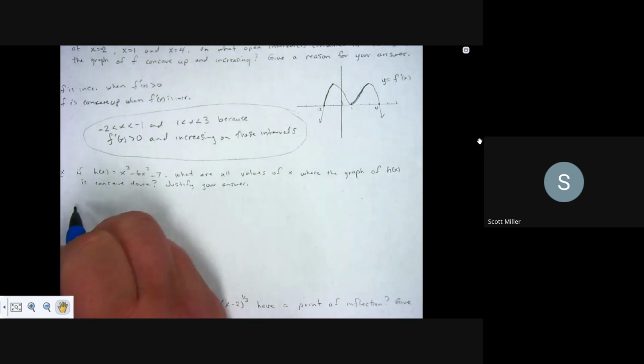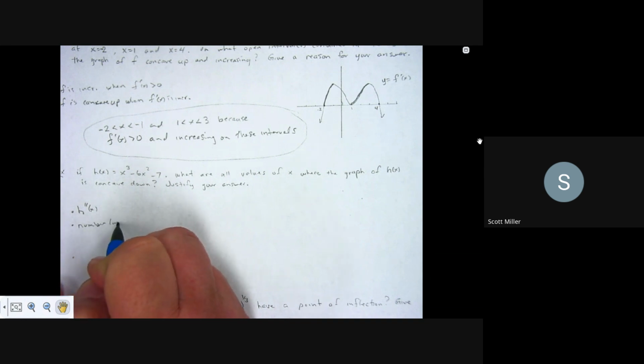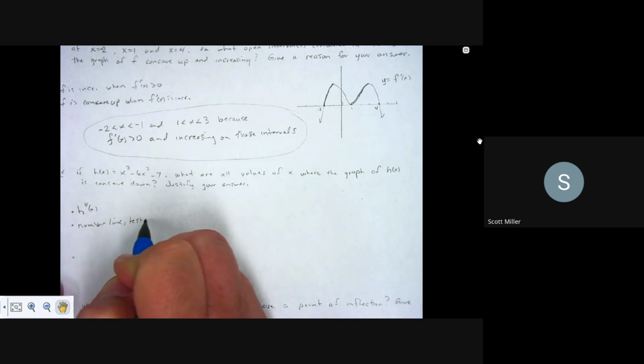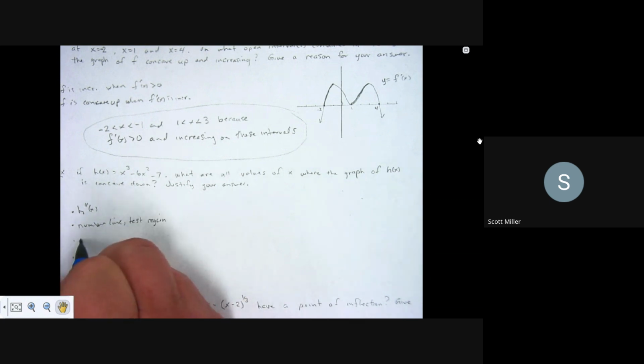What I need to do is start off by finding h double prime, the second derivative. Then we're going to do the little number line and test regions, and I'll explain it when we do it. And then we're going to make sure we answer the question.